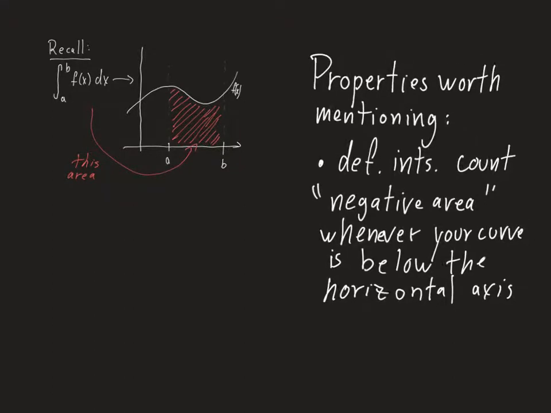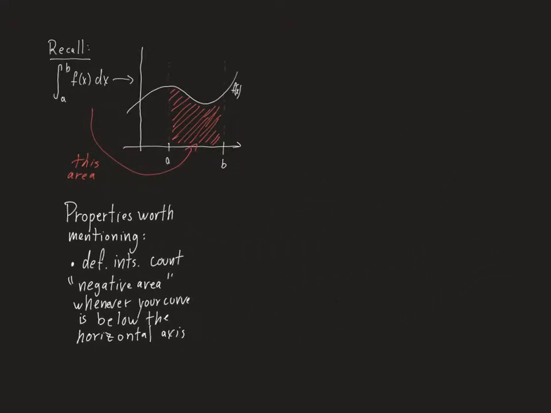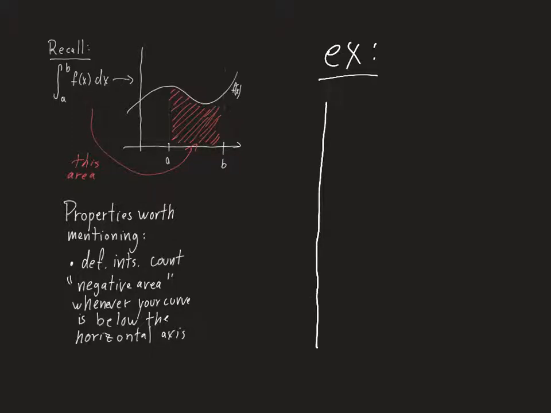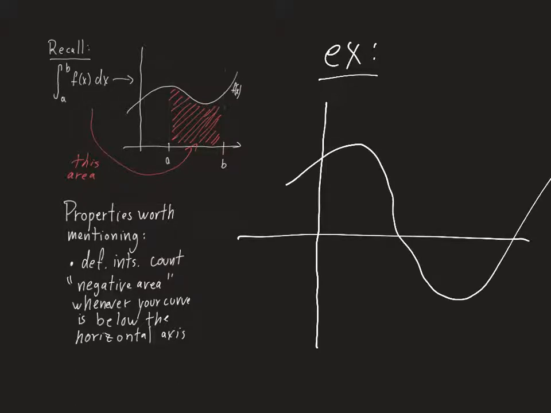So what do I mean by this? Let's just put this over here. What I mean by this is that, as a quick example, if my function looks like this, and let's say that here we have a, and over here we have B. Then again, we're going to be looking at this area here.